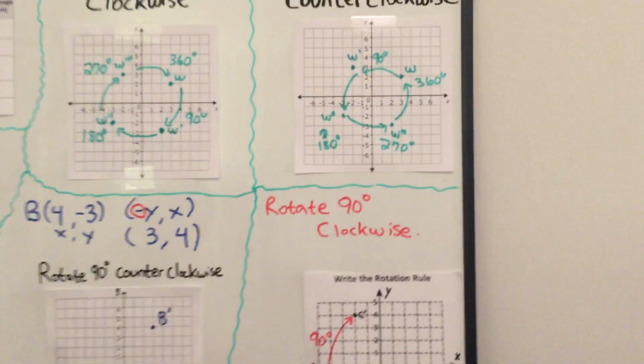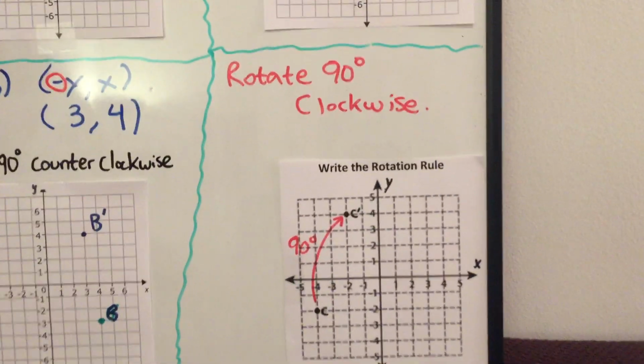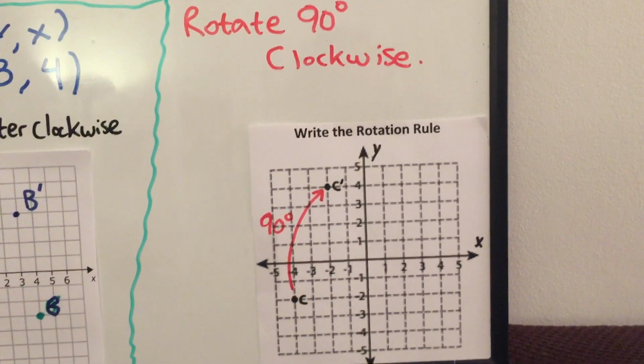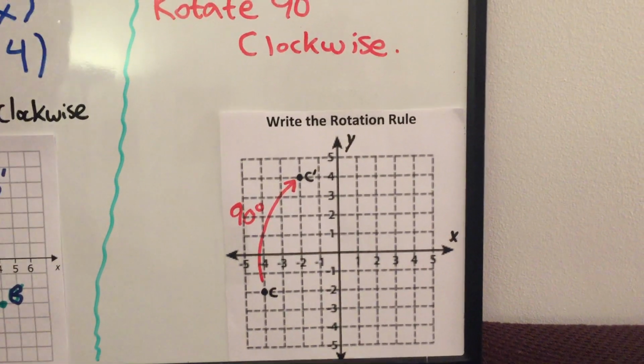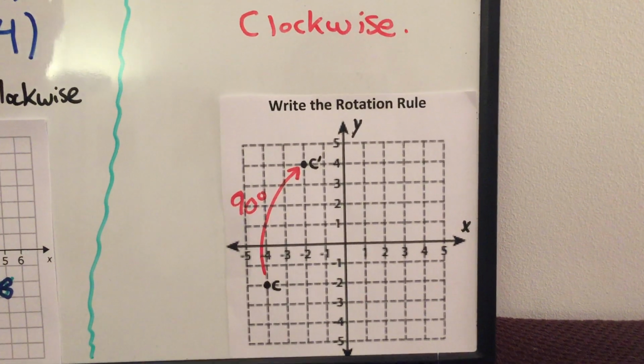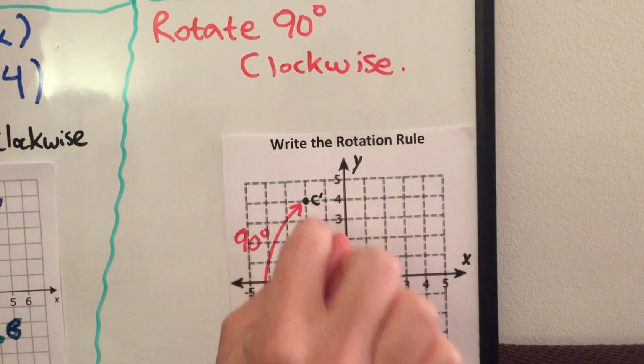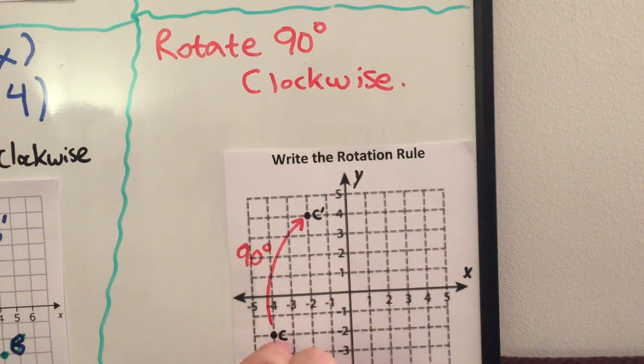Mr. Brodeur, I had one quick question. Yes, question. Why did you start at C and rotate it to C prime instead of starting at C prime and rotating to C? Ooh, that's a good question. So, like we said, remember the primes represent new images.